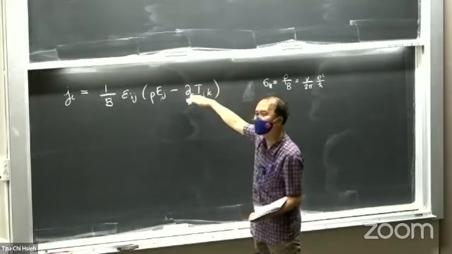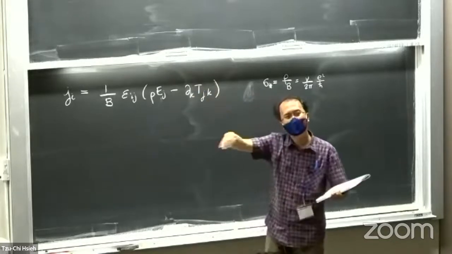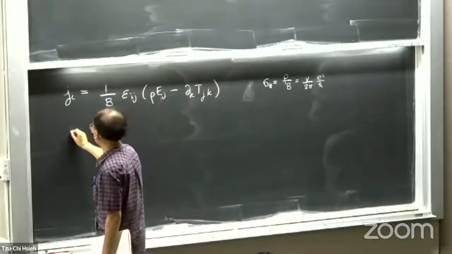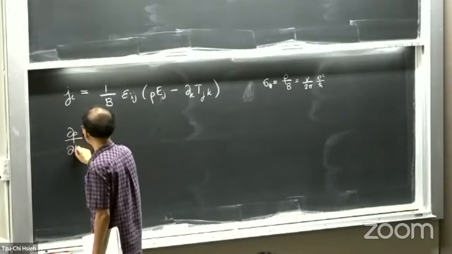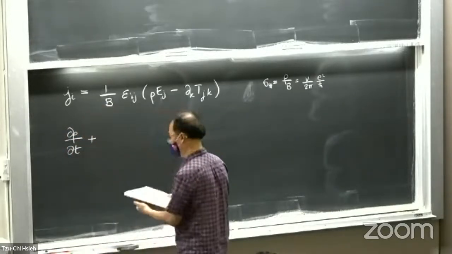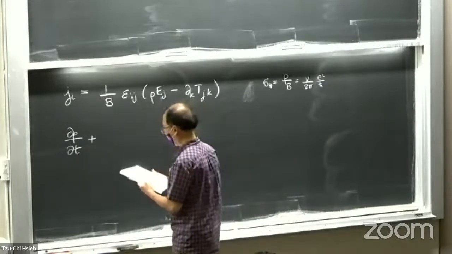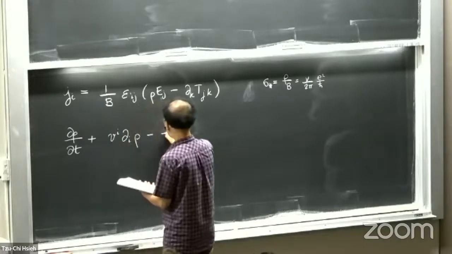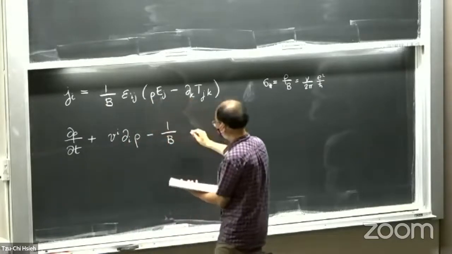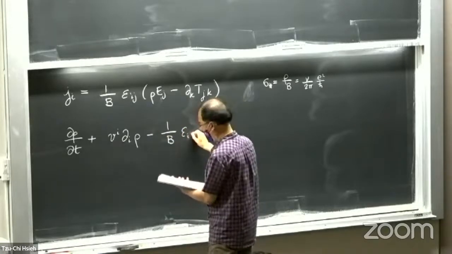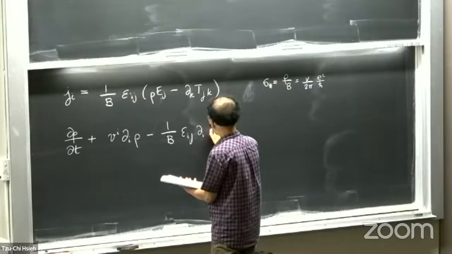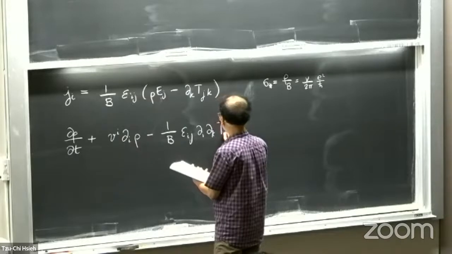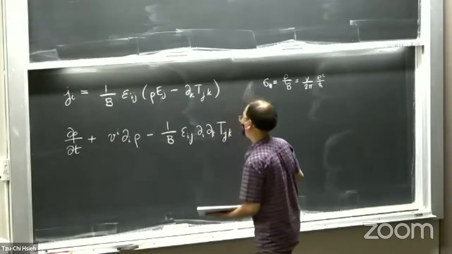We want to explore what happens if the system is slightly inhomogeneous, then the stress contributes to the equation that I'm going to write down, d rho over dt. So you can write this equation, d rho over dt. Then the term that comes from here is like this: d_i of V_i rho minus 1 over B, and so on. I may be making one sign wrong here, but I think this is equal to 0.